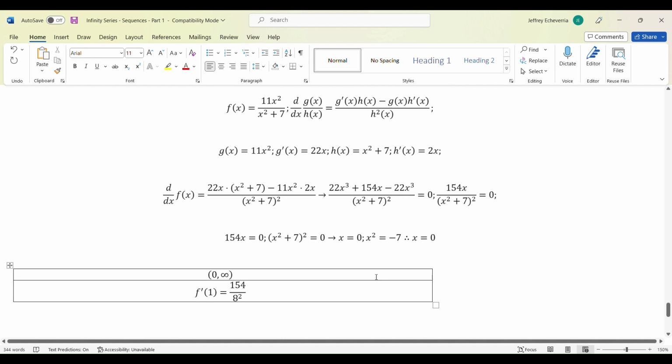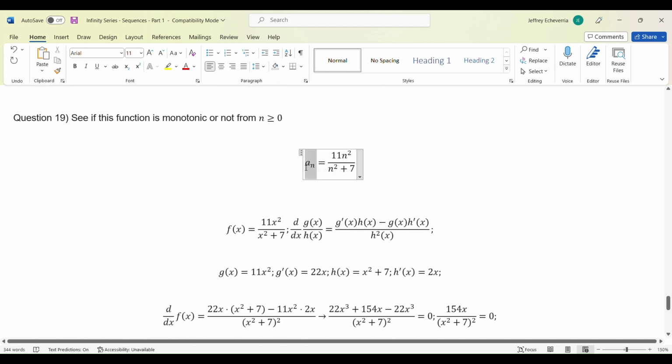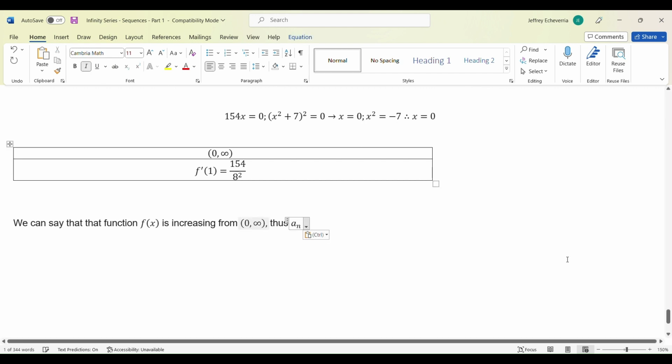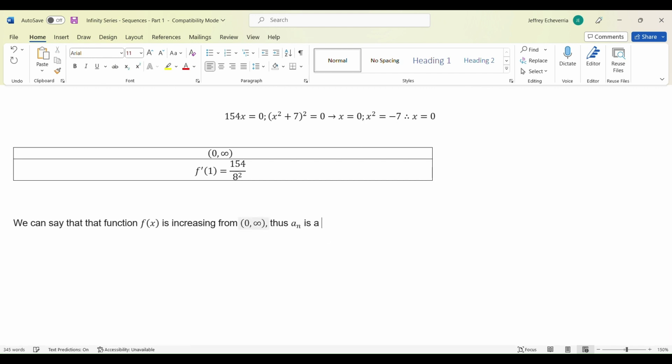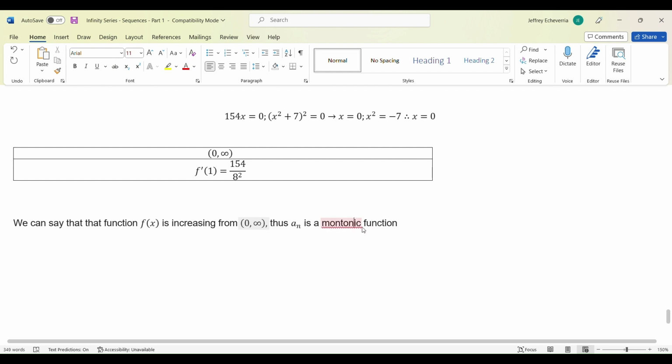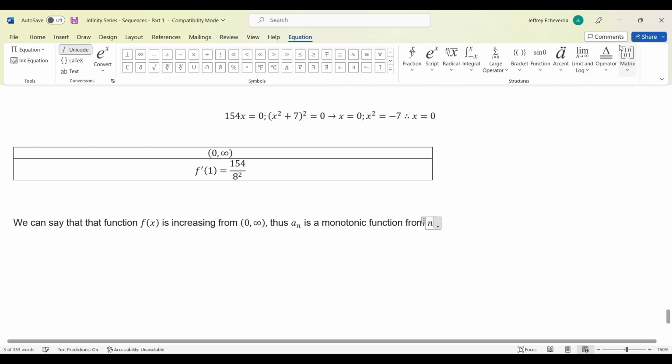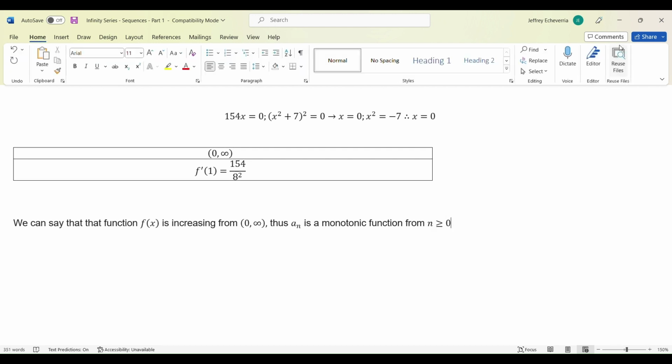Thus, a sub n is a monotonic function from n greater than or equal to 0 because it's strictly increasing. Just to make sure, a monotonic function is either strictly increasing or strictly decreasing.